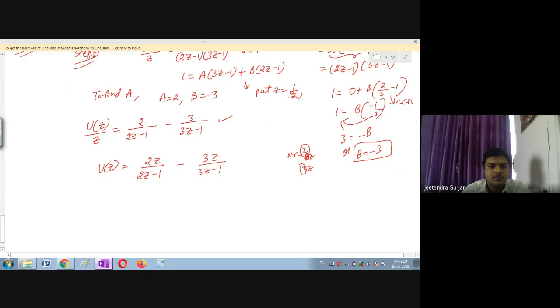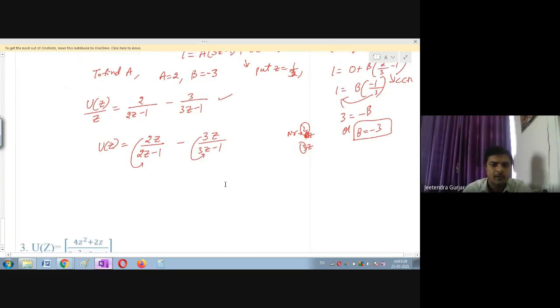Yes, just take this 2 in the denominator and take this 3 in the denominator. So just one step is increased here. You have to be very, very careful, students.